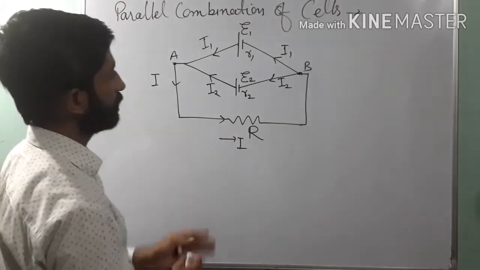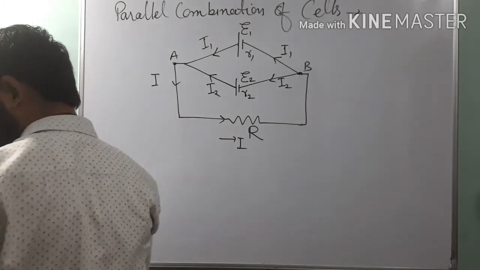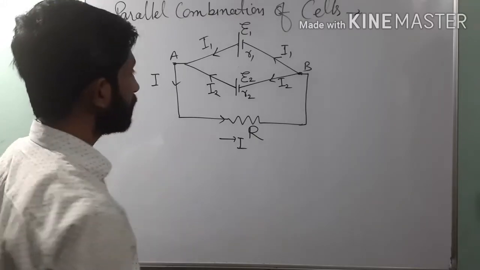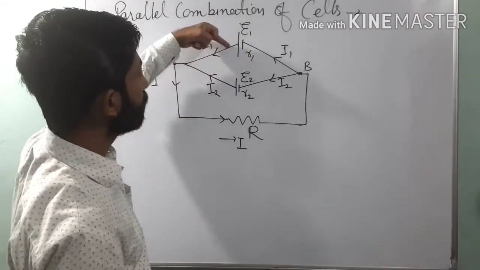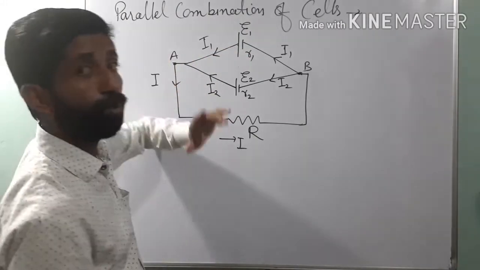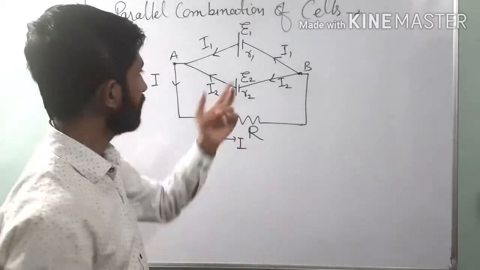Now see, importantly, what is the terminal potential of cell E1 when connected alone? Suppose we don't have E2.